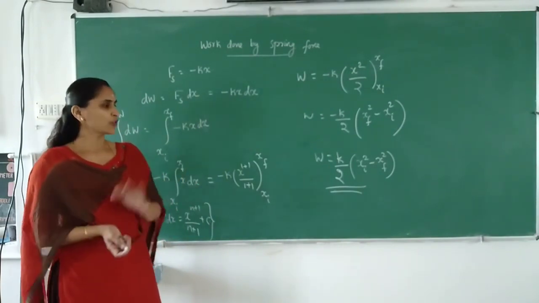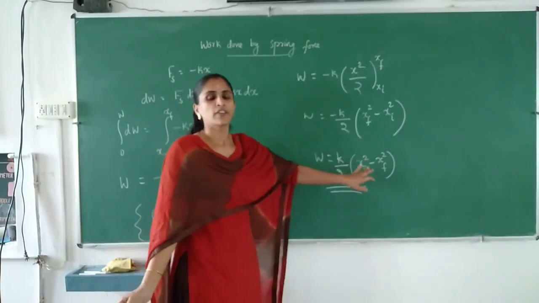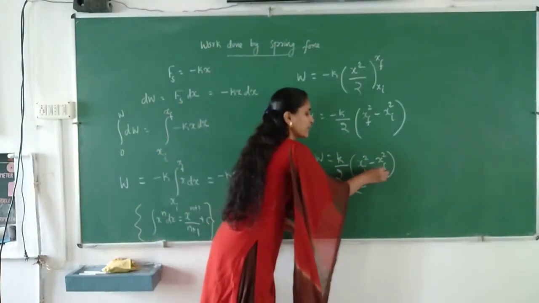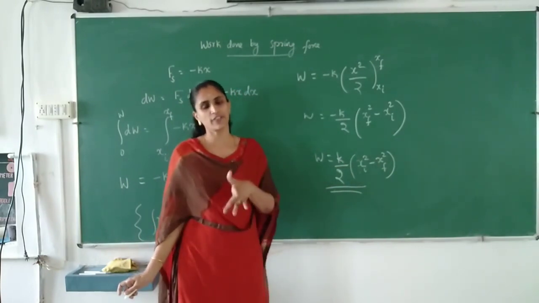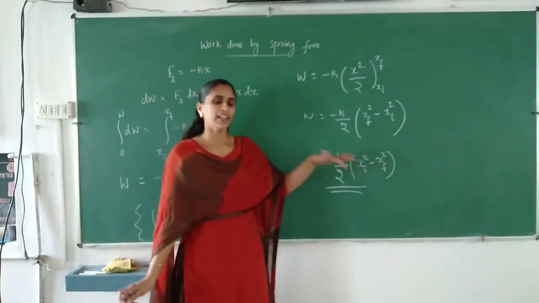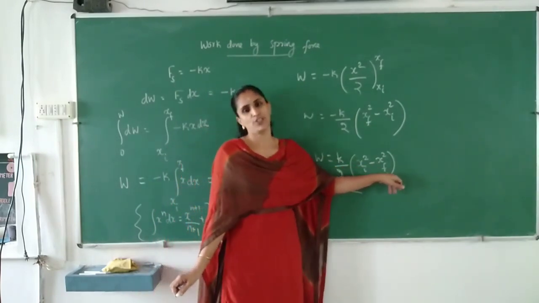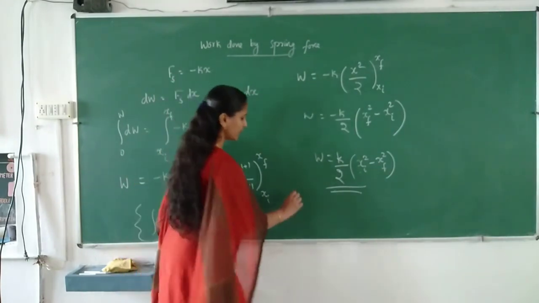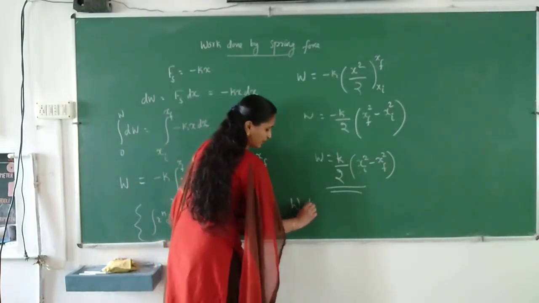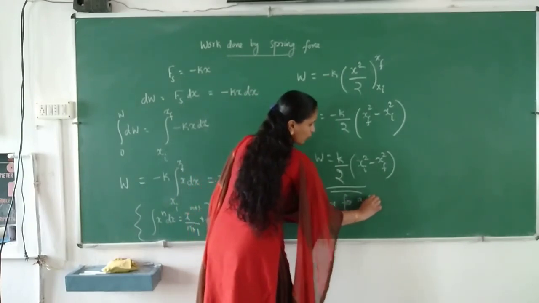Okay. You can see that this work done by the spring force depends only on the initial and final positions, because k is constant for a given spring. So clearly it depends only on the initial and final position. And if we find the work done for a closed path, what will you get?